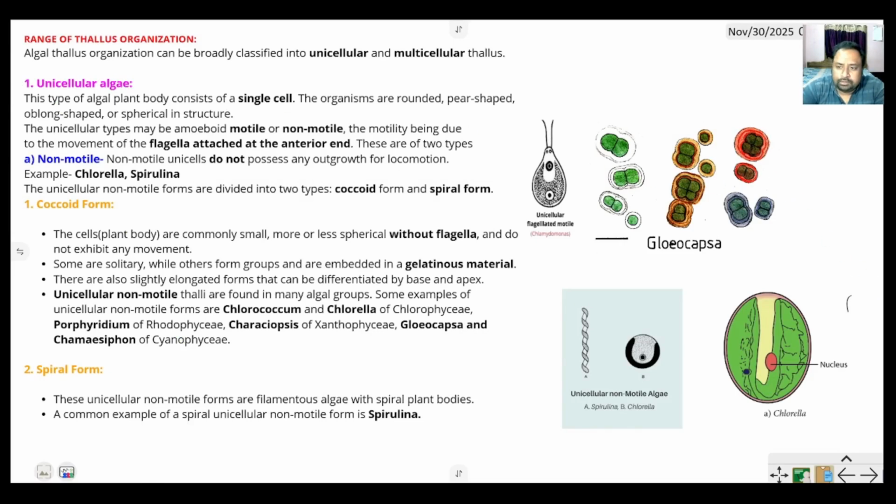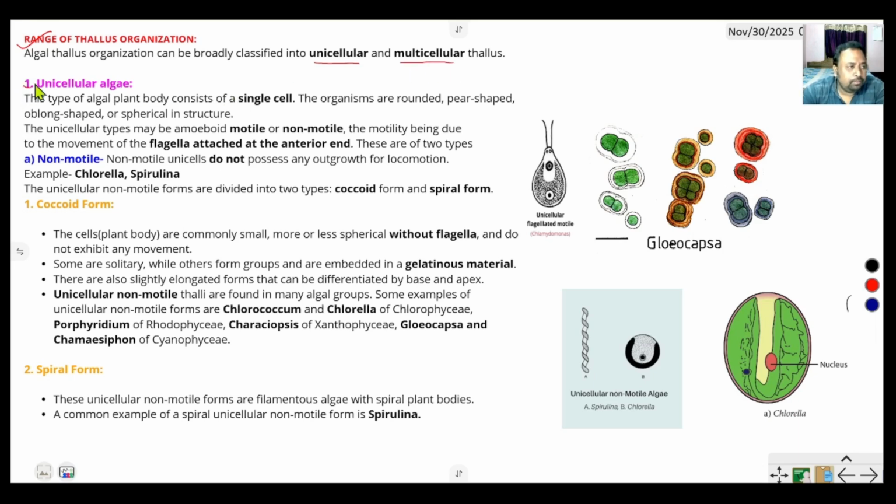Range of thallus organization. Algal thallus is mainly divided into two types, that is unicellular and multicellular thallus.